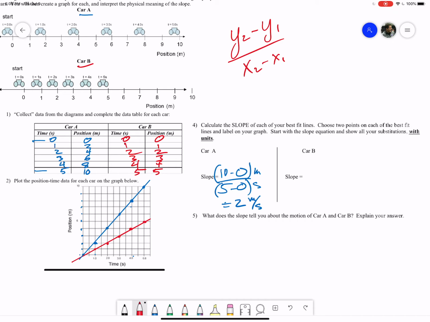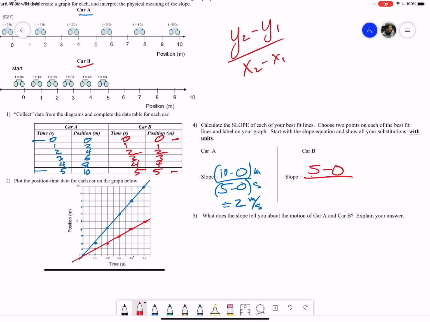So again, I want to go wide out with my time and with my slope points. So I'm going to pick my point of time equals 0 seconds and time equals 5 seconds. So I have on my y-axis, my highest point is going to be 5, okay, right there. And my lowest point was 0.